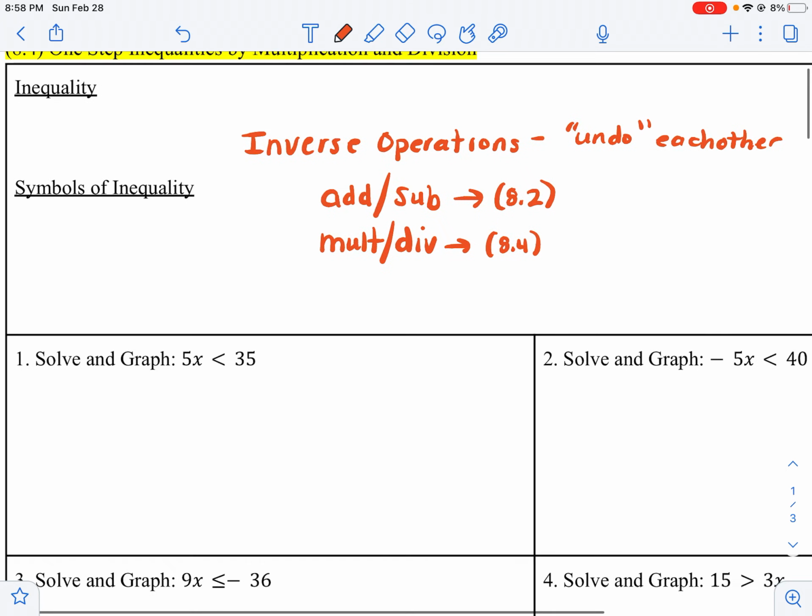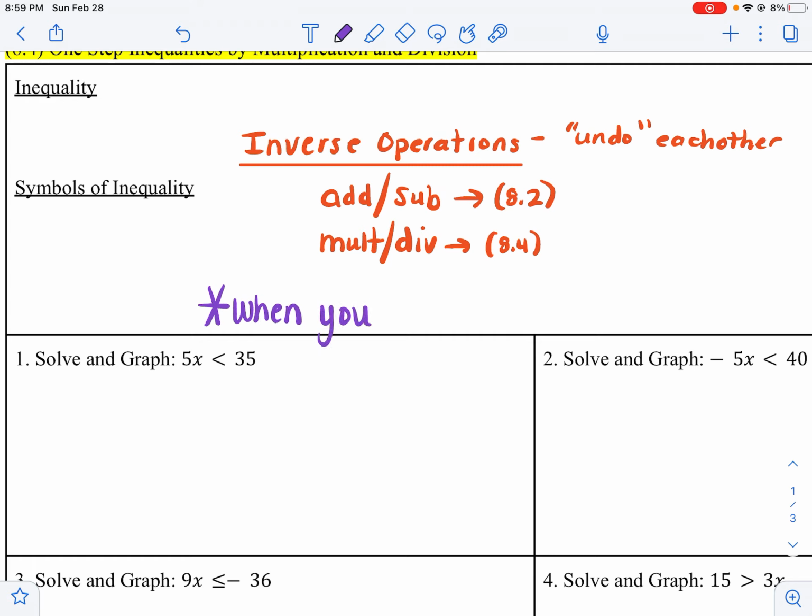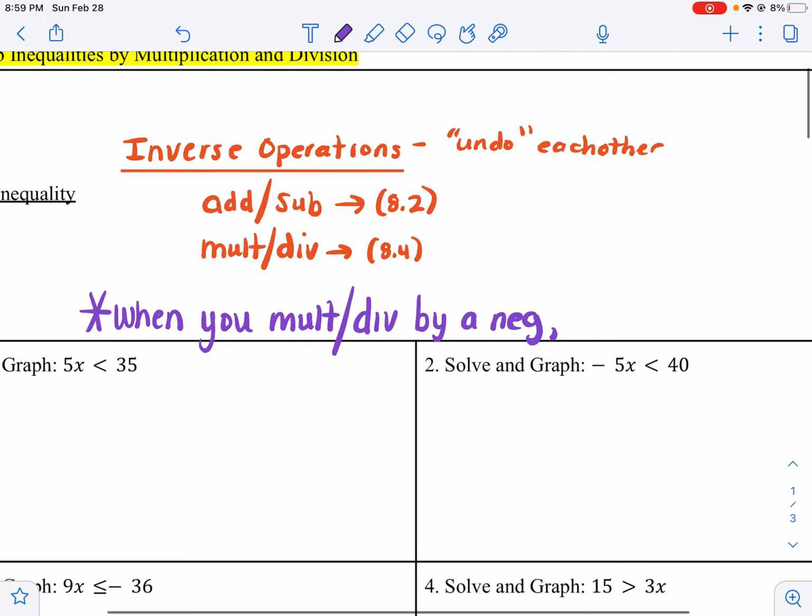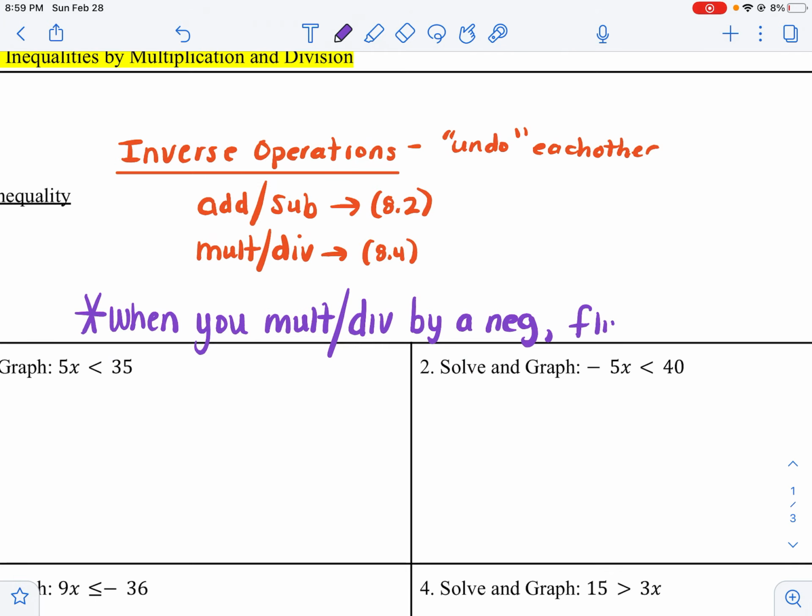There's one other thing that's different from when we did this in equations, and I'm going to write that down now. The only difference when we have inequalities is when you multiply or divide by a negative, then you have to flip the symbol.